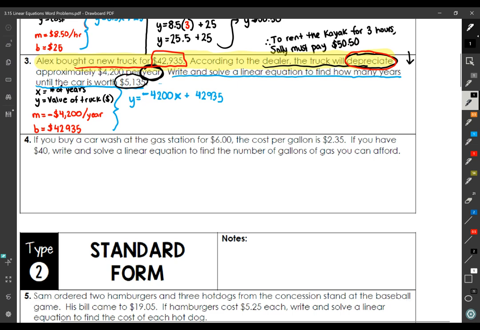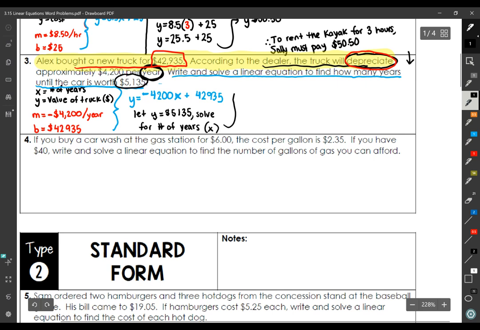Remember, x is the number of years, y is the value. So they're giving us y. What we're going to do is let y equal $5,135, and solve for the number of years. In other words, solve for x.